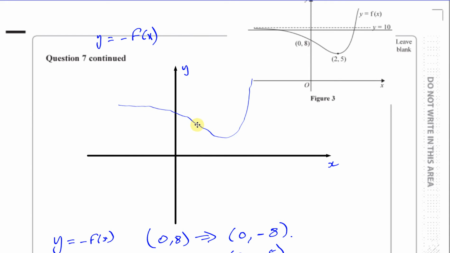After the transformation, this point here goes down to here.